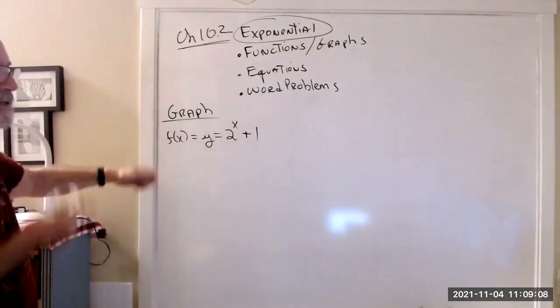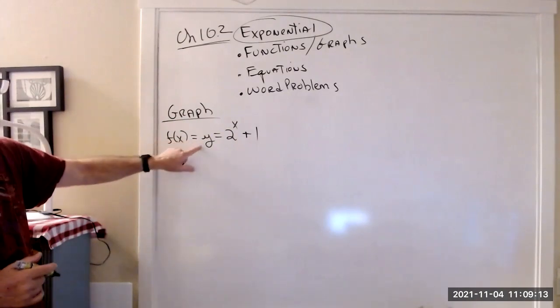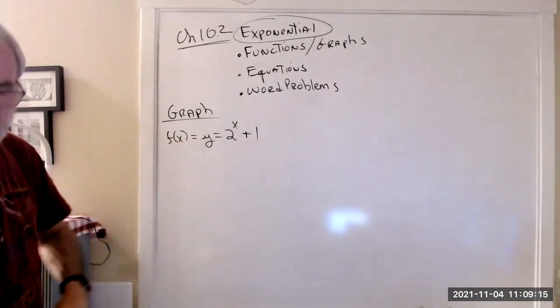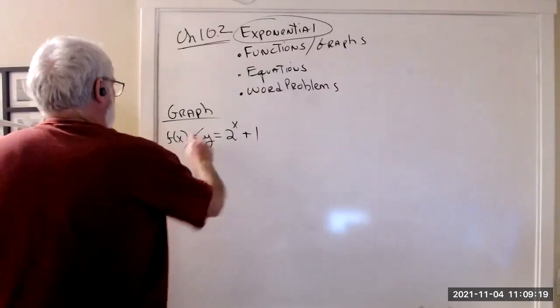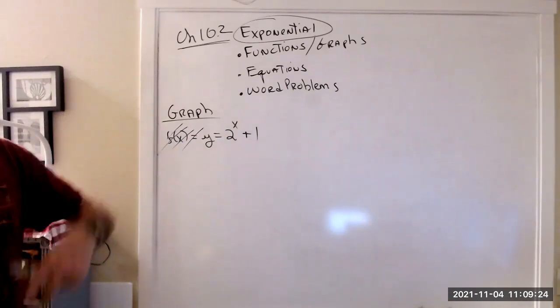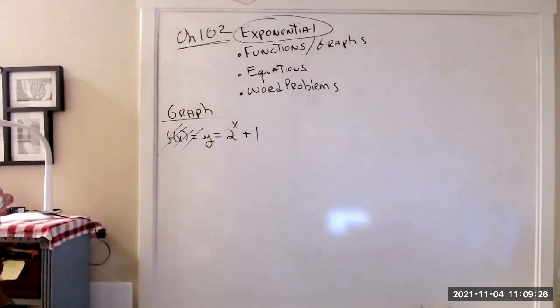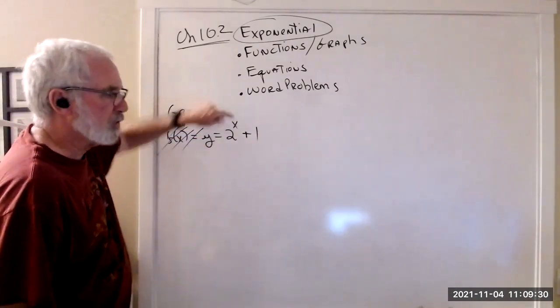It's a function, so we say f of x, but f of x is the same as y. So for the rest of this section, I'm just going to write y equals. It still means f of x. Notice something very, very important. This is 2 to the x.